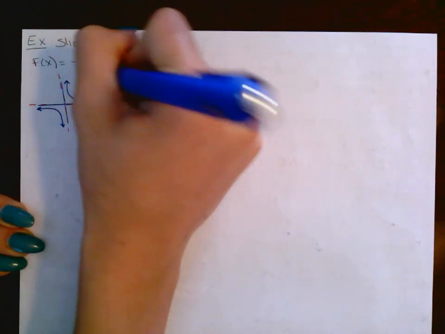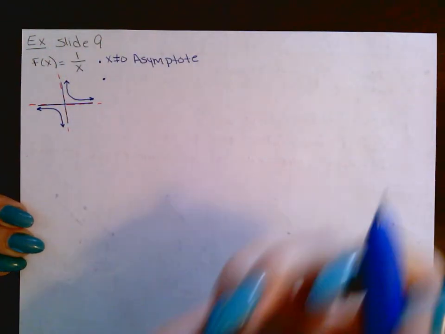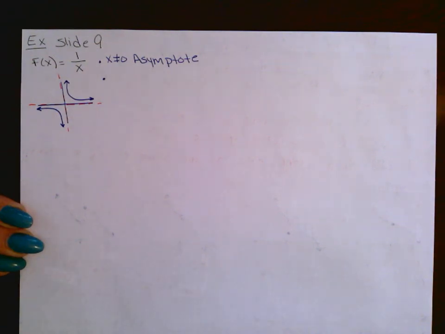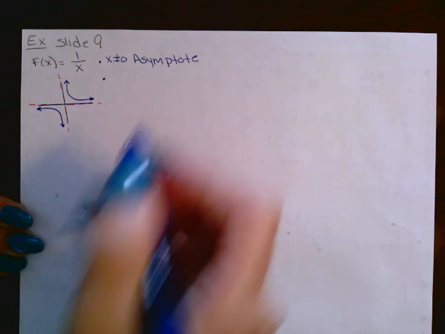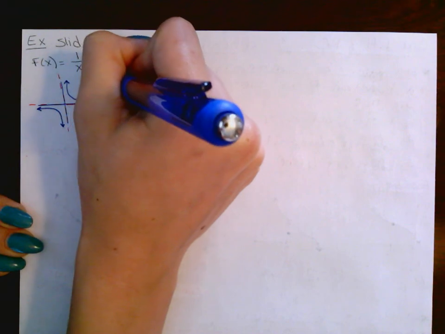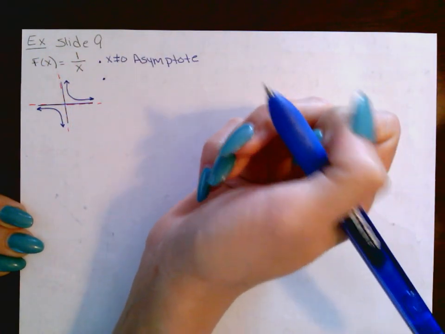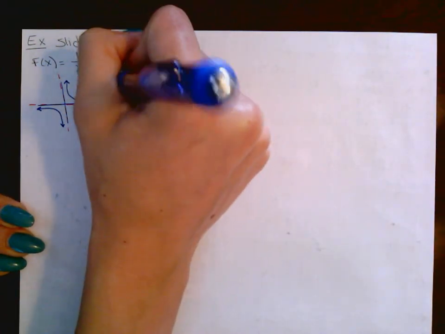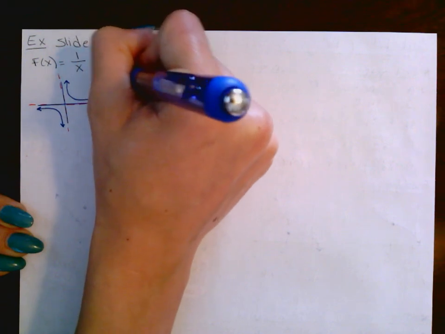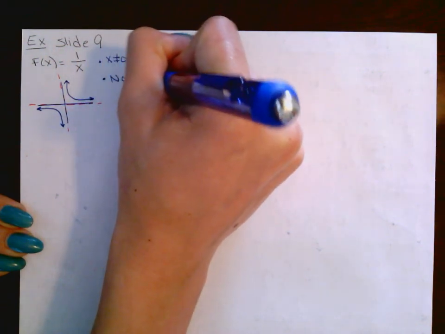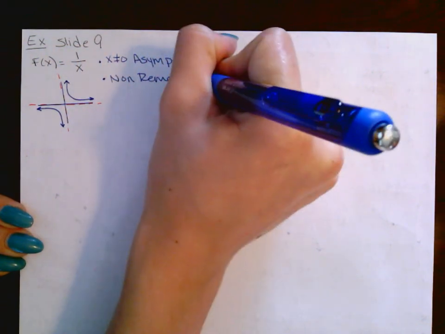The next thing I can say is that there is a non-removable discontinuity at x equals 0. Remember that a removable discontinuity is a hole and a non-removable is an asymptote, okay?